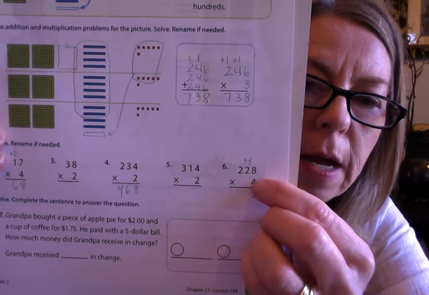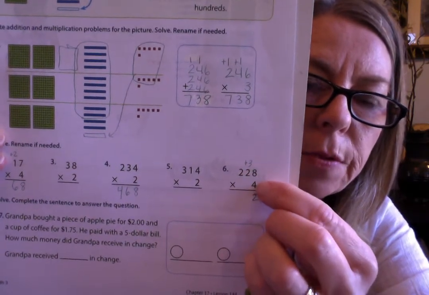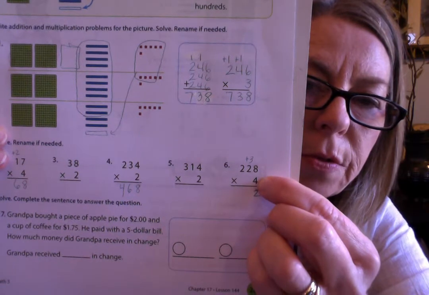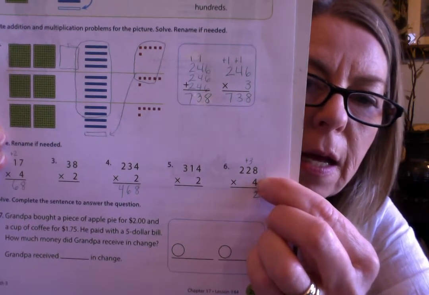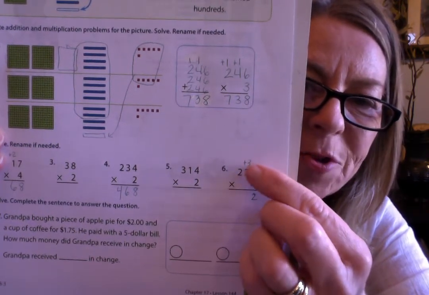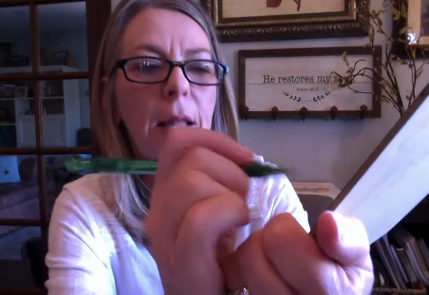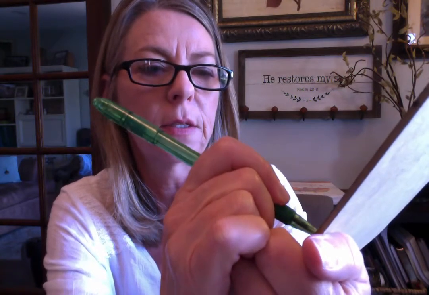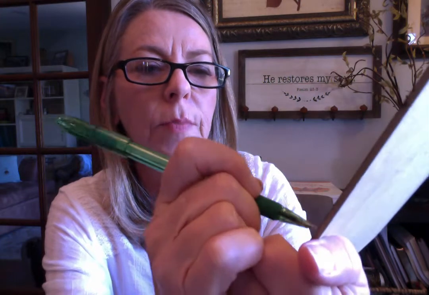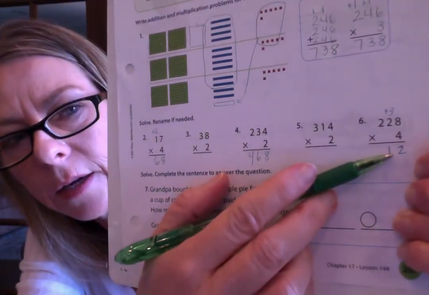Okay, so now I multiply 4 times 2, and 4 times 2 equals 8. And then when I've got 8 in my head, I'm going to add 3 more. So 4 times 2 is 8, plus 3 more is 11, right? So I put 1 ten down here, and then I've got to rename my 10 tens as 100.